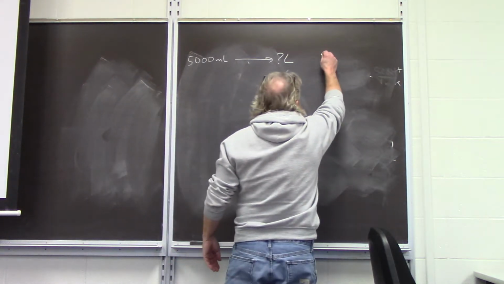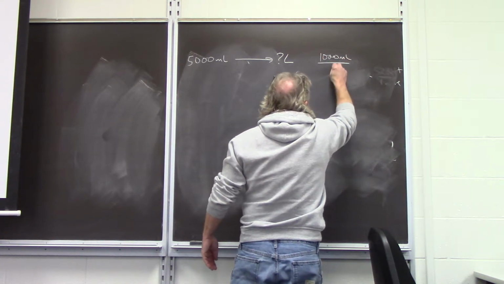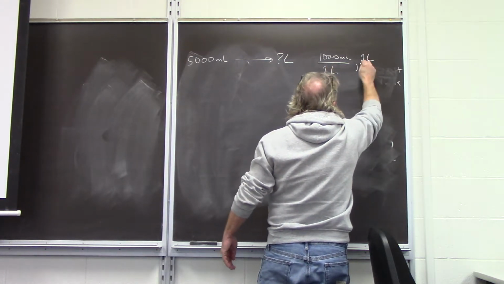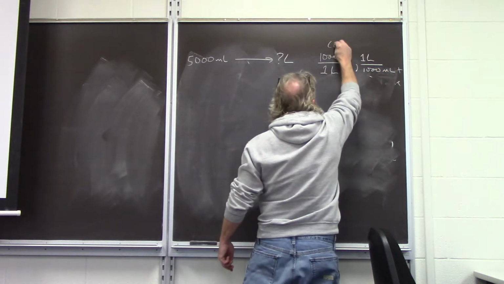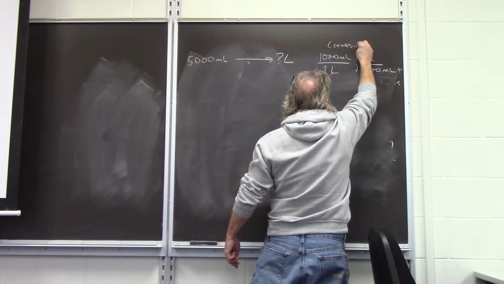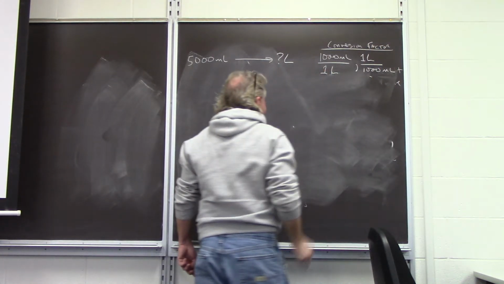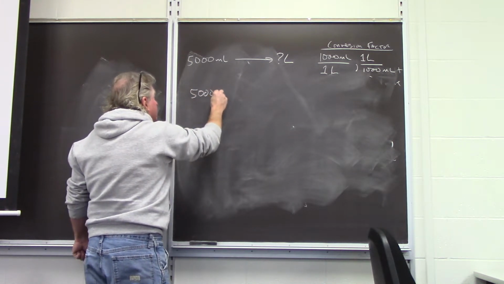So I need the conversion factor. So there's 1,000 mils per liter, or the inverse. All right, so I'm going to take 5,000 mils.